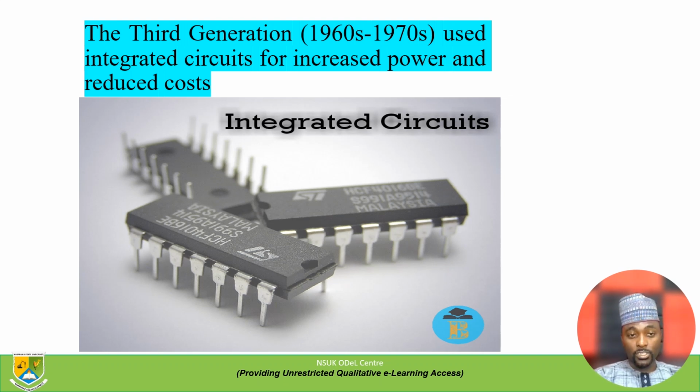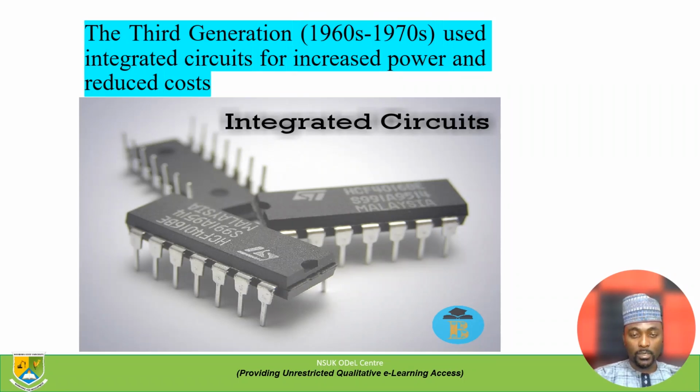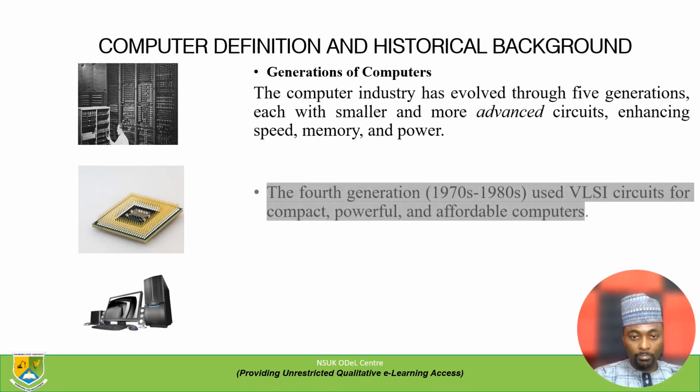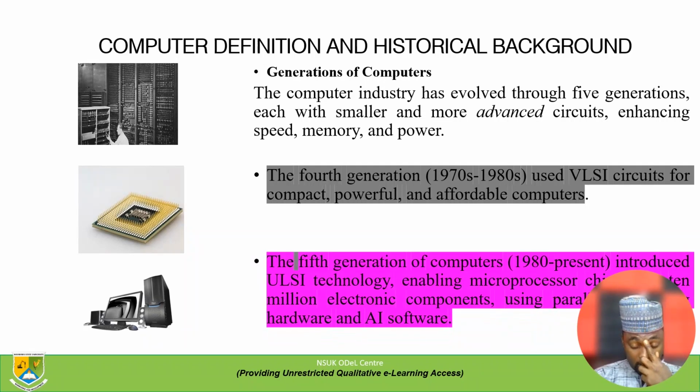That happens in the third generation, and then in the fourth generation, we saw another achievement, where computers used microprocessors. They are systems characterized by the use of large scale integration, or what is referred to as very large scale integration circuits, and affordable computers.